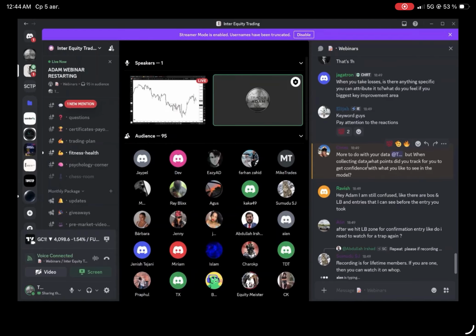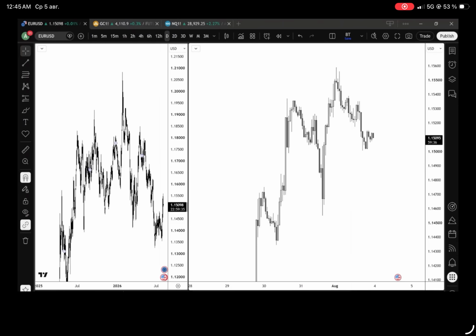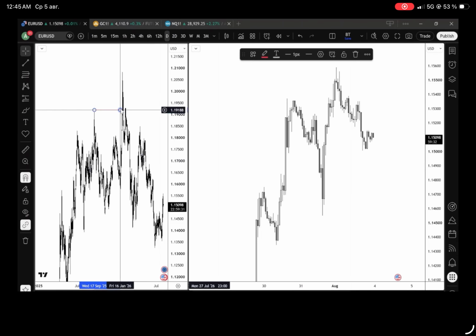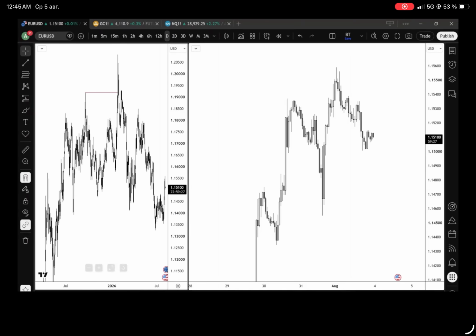We can look at another example. We can go to Euro USD. So we induced buyers, and then we come to trap them. We take out all of these lows. Just mark it out. We come and take all of these lows.